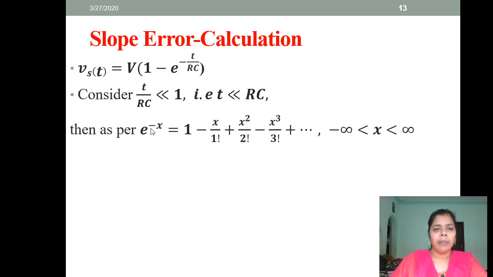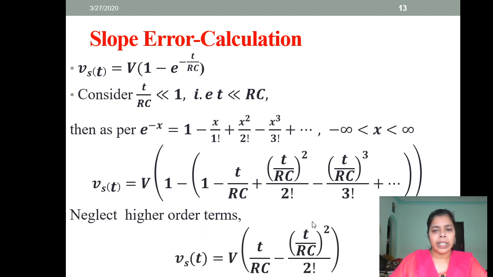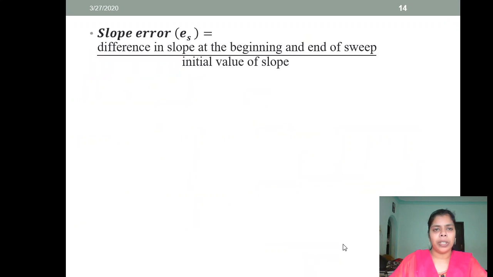Then we can apply the binomial series for e power minus x. If we apply the binomial series expression for e power minus t by Rc, we will get a mathematical equation like this. Here we are neglecting the higher order terms and considering only up to second order terms. So the signal is Vs of t equal to V into t by Rc minus t by Rc the whole square divided by 2 factorial.